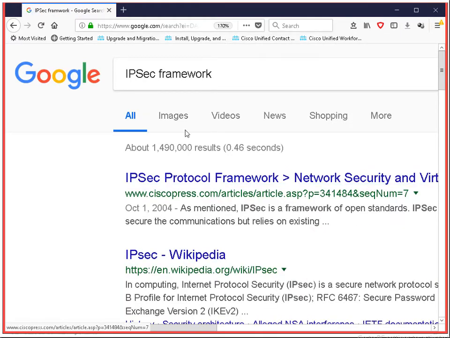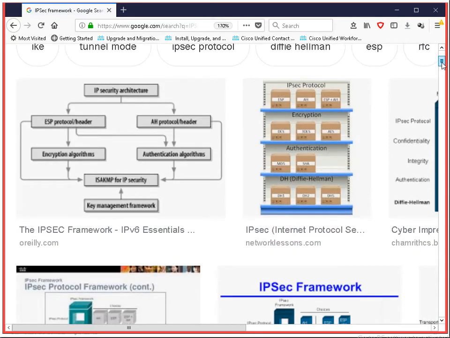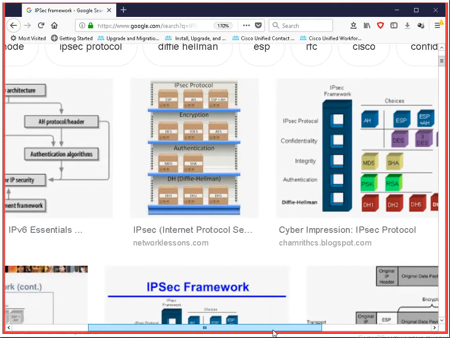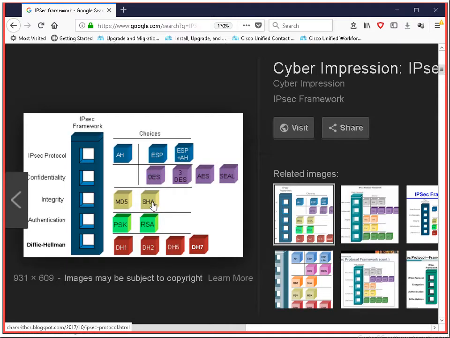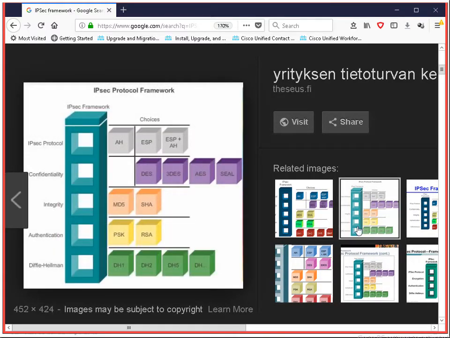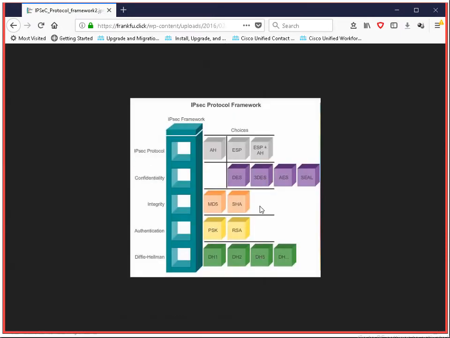It shows all of these different protocols that are involved in this process. This is what the IPsec framework looks like.